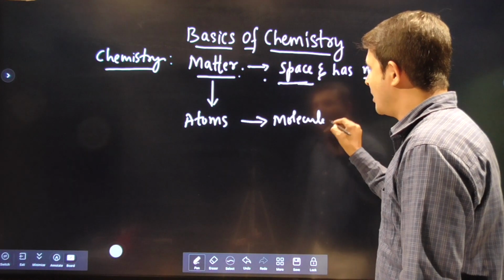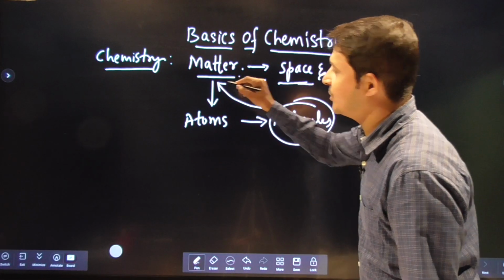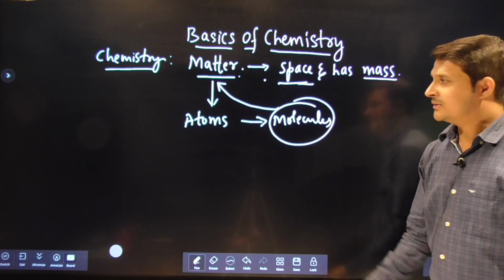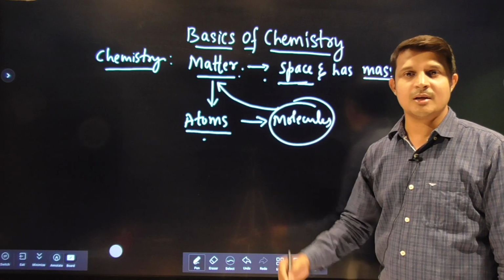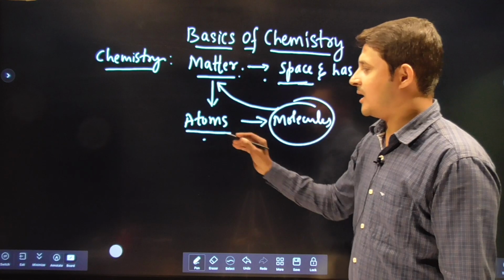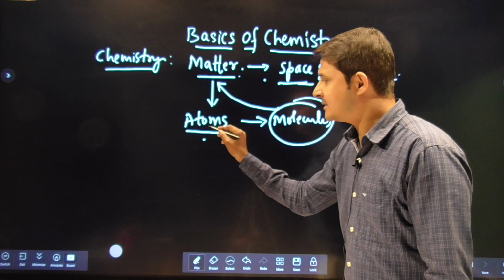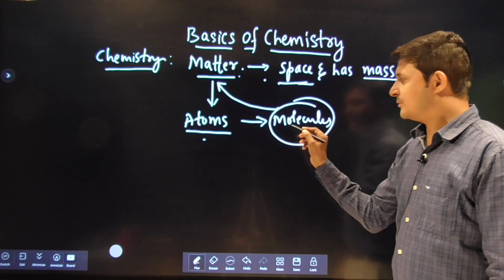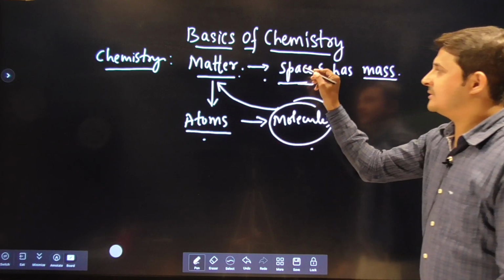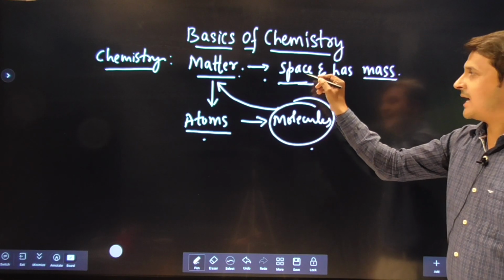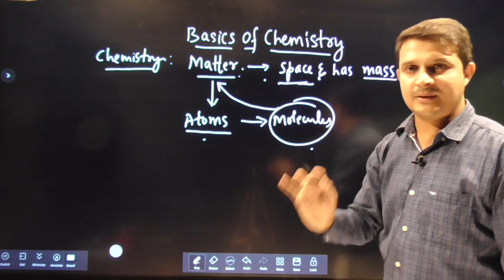So all these molecules, when they combine, give rise to matter. What are atoms? Atoms are the smallest particle of matter. So when these atoms combine, they give rise to molecules. So matter is nothing but anything which has space and has mass associated with it.